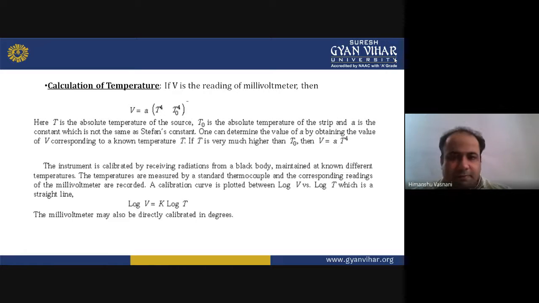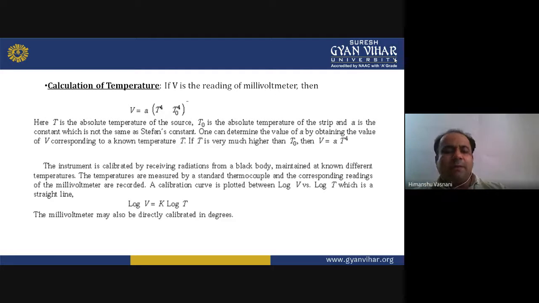The calculation of the temperature: if capital V is the reading of the millivoltmeter, then V = a(T^4 - T0^4).